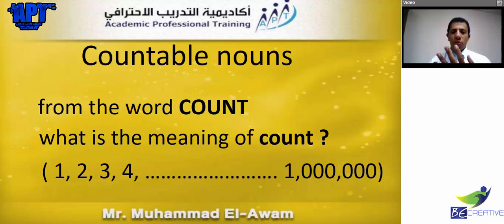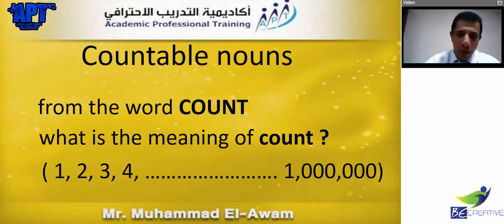We give them numbers. We say 1, 2, 3, 5, 20, 30, or 1 million. That's counting, giving numbers to things that we have, whether it comes in 1 or 2 or whatever you have. So that's countable nouns, from the word count.